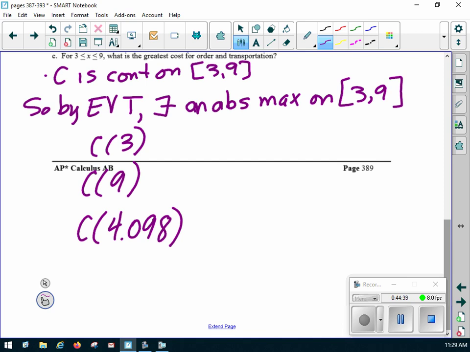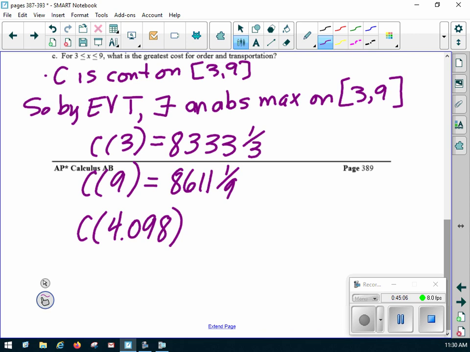You can use your table or second calc value for 3 and 9. I'd use the table. What's C of 3? 8.333? That's the 8 and 1/3. What's C of 9? 8.111, 0.1111, that's 1/9.